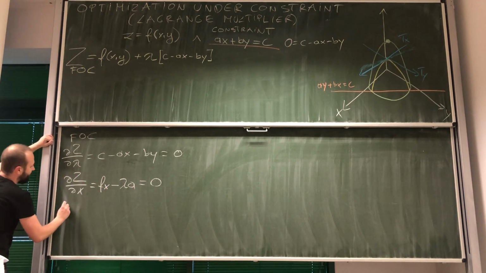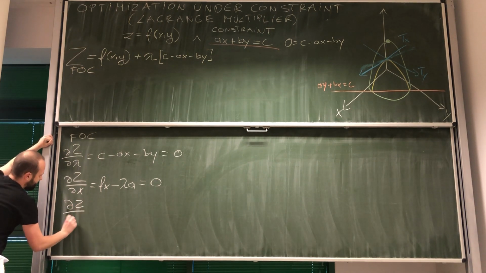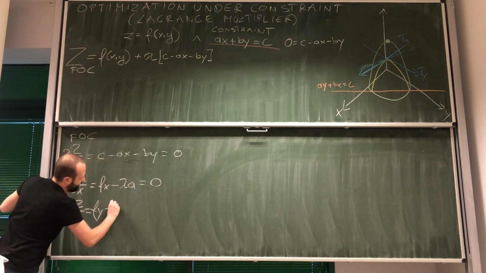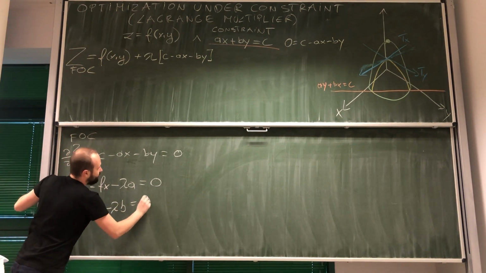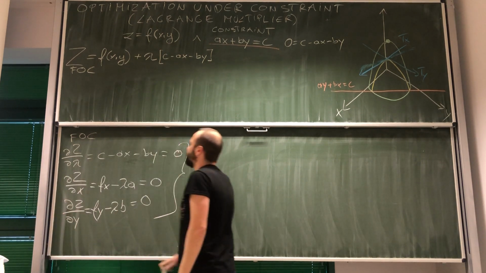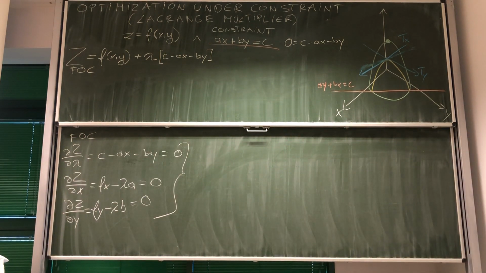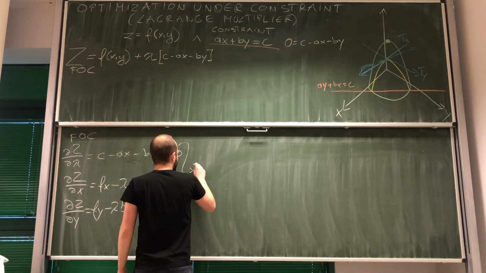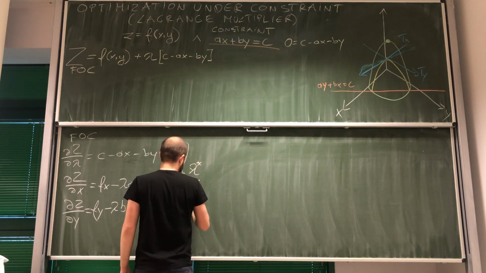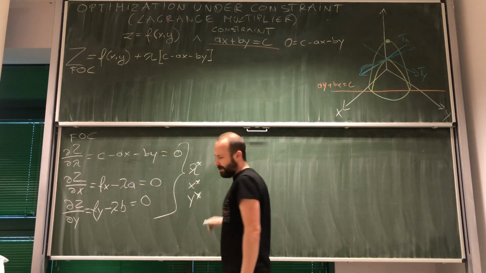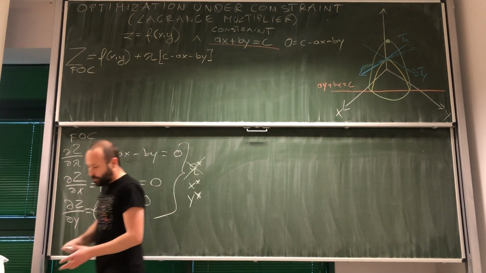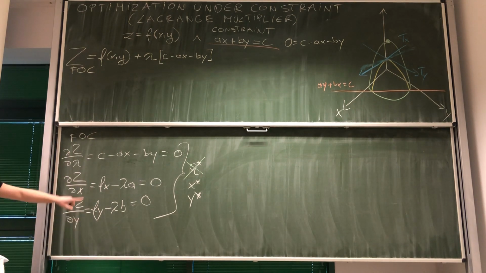Then over here, I'm getting fy minus lambda b equals to 0. And look, again, I have a system of 3 simultaneous equations with 3 unknowns, so I can solve them for lambda, x, and y. But of course, for us lambda is unnecessary, so we are using this system to find lambda and x and y.